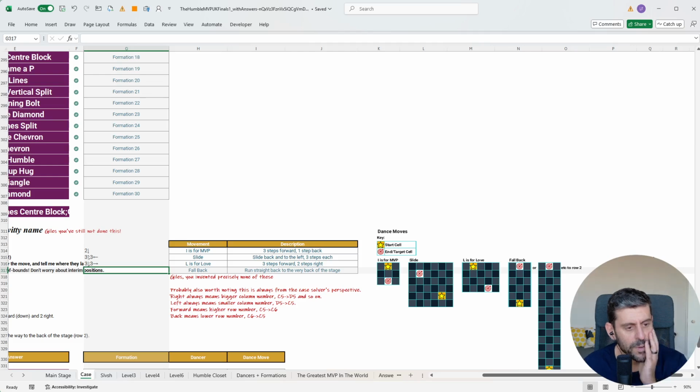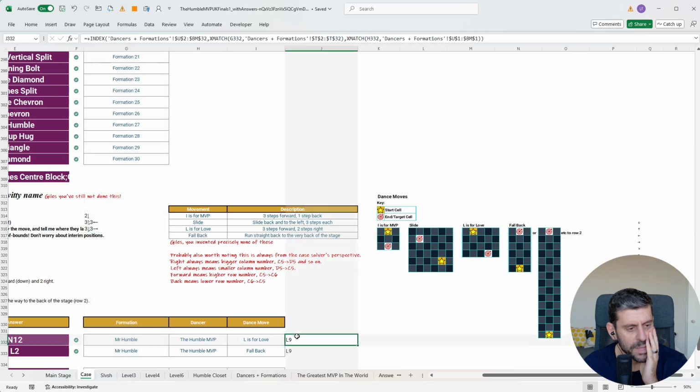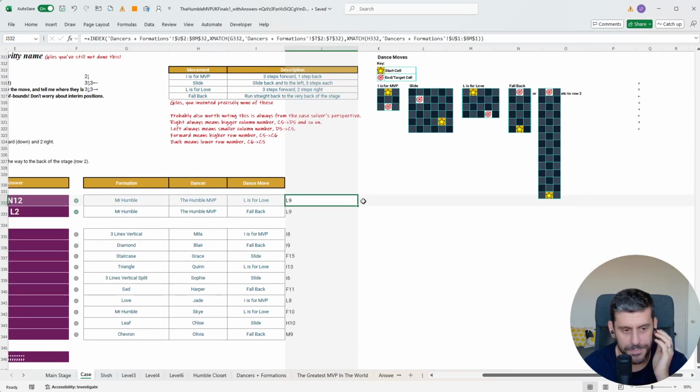And full back, run straight back to the very back of the stage, to row 2. Okay. So basically, I should just replace the number with the 2. Yeah, it's actually a very easy one.